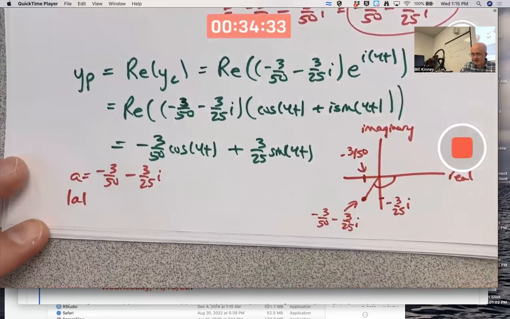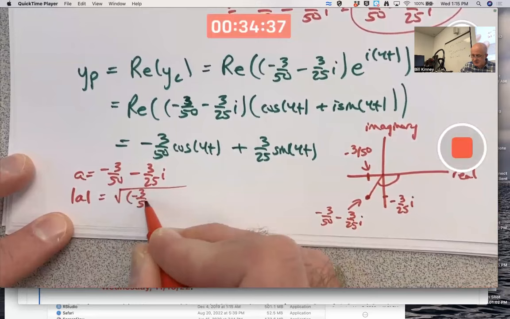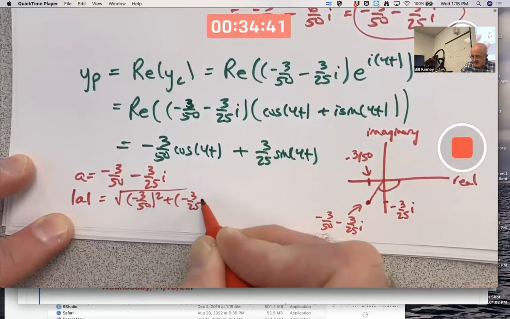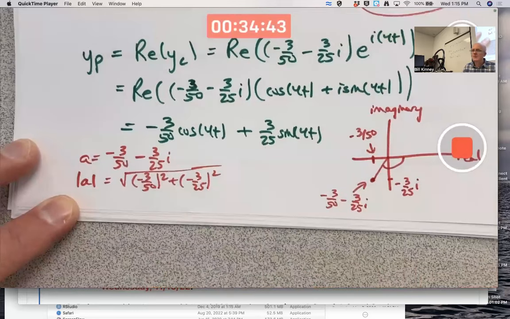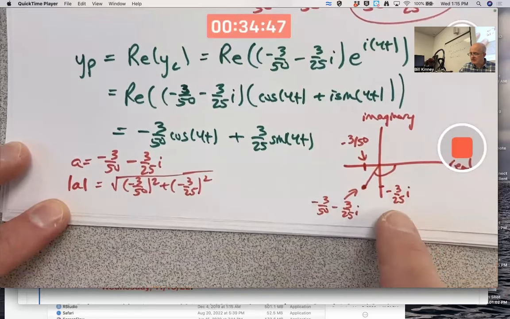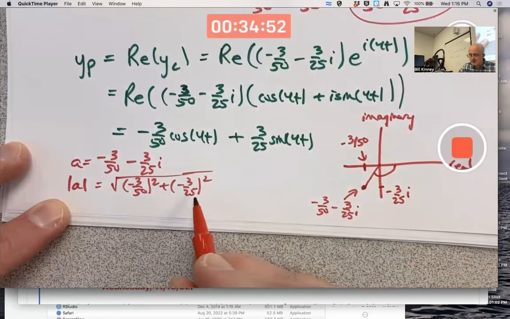Just use the Pythagorean theorem. Square root of negative 3/50 squared plus negative 3/25 squared. No i in there because we're just thinking of these real numbers as being the coordinates of the point. Don't put any i there.